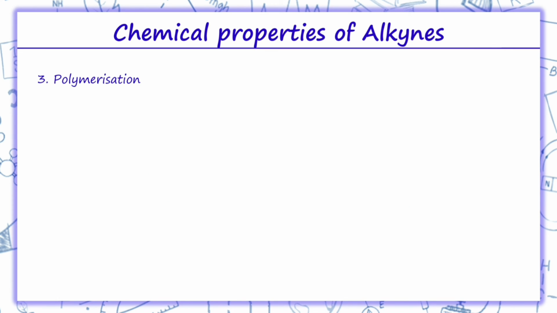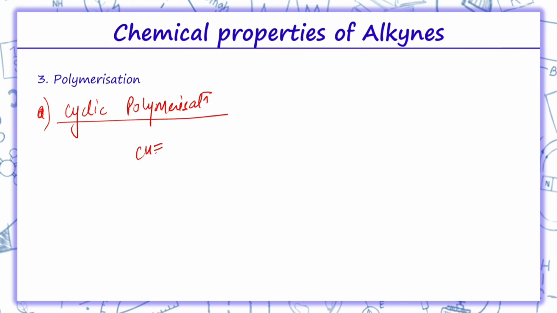Coming now to the next chemical property of alkynes, which is polymerization. First we will study cyclic polymerization. In cyclic polymerization, when acetylene is passed through a red hot iron tube or quartz, it trimerizes to form benzene.